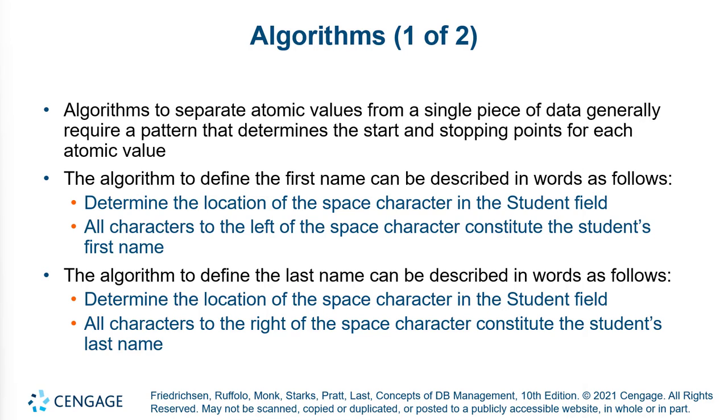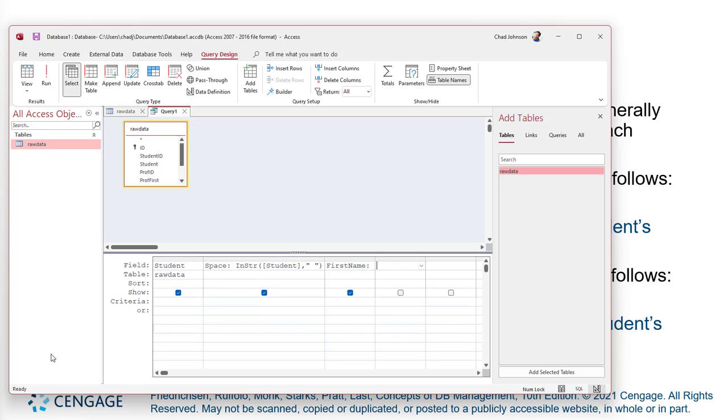So let's take a look at this. I have my set of data that I've imported from Excel, and I show you how to do that in a separate video. So if you're not sure how to do that, go back and watch that one. Then I've created a query, and we're just going to use the query by design view.